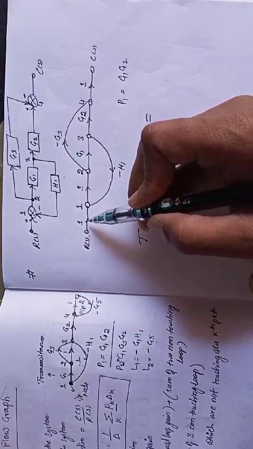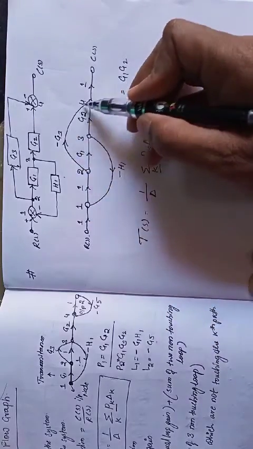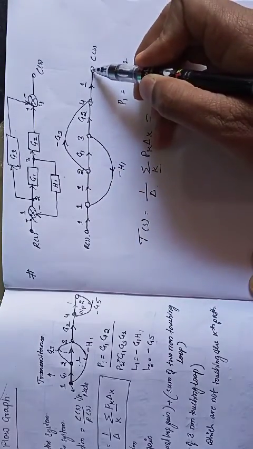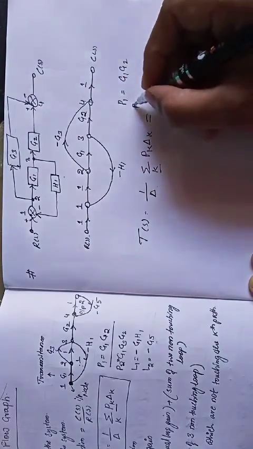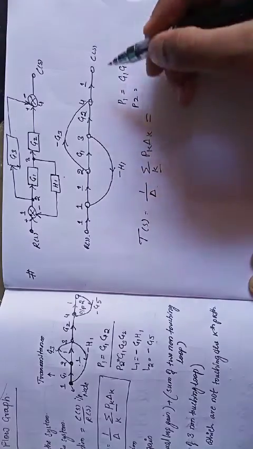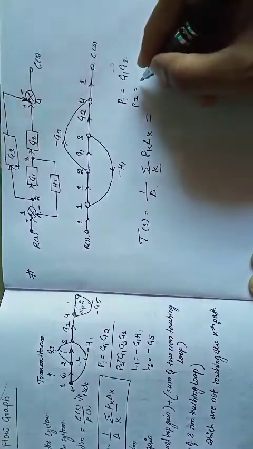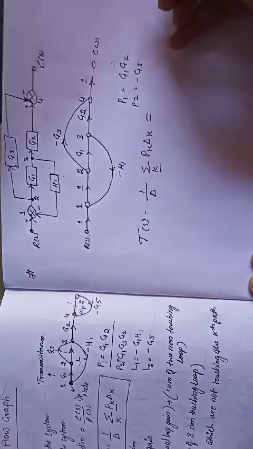The second path is 1 into 1, and from 2 to 4 it is coming, and it is going to the output node, that is represented as P2, that is 1 into 1 into G3, its gain is nothing but G3.